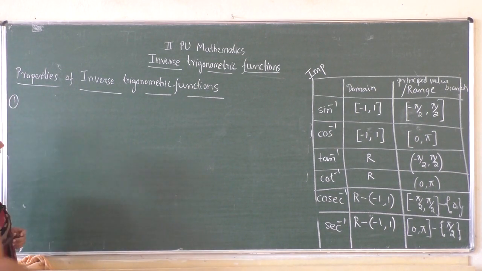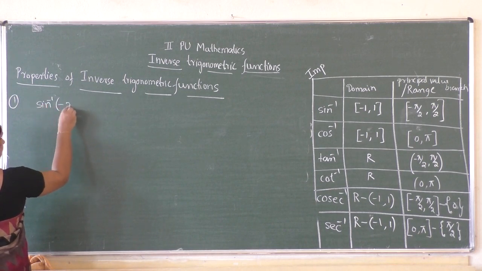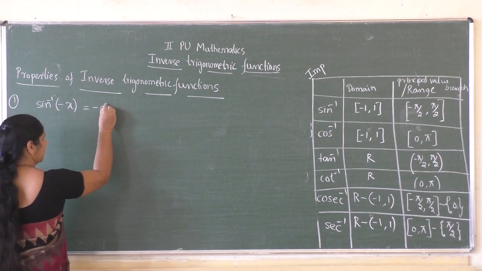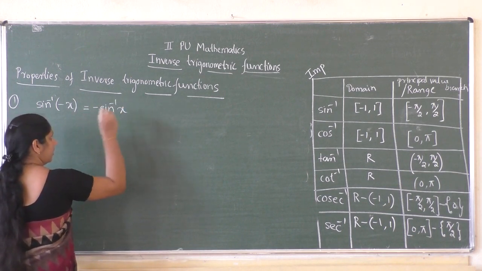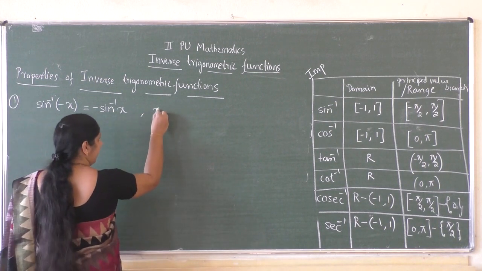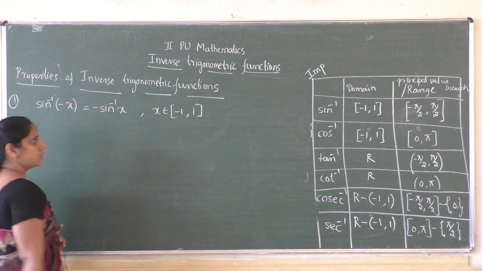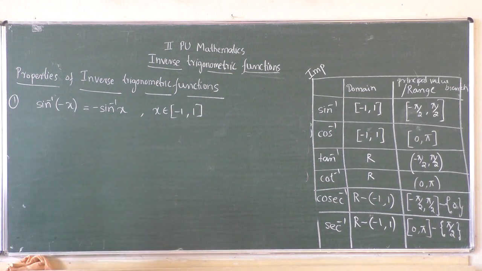First property, sine inverse of -x equal to minus sine inverse x, where x belongs to closed interval -1 to 1.